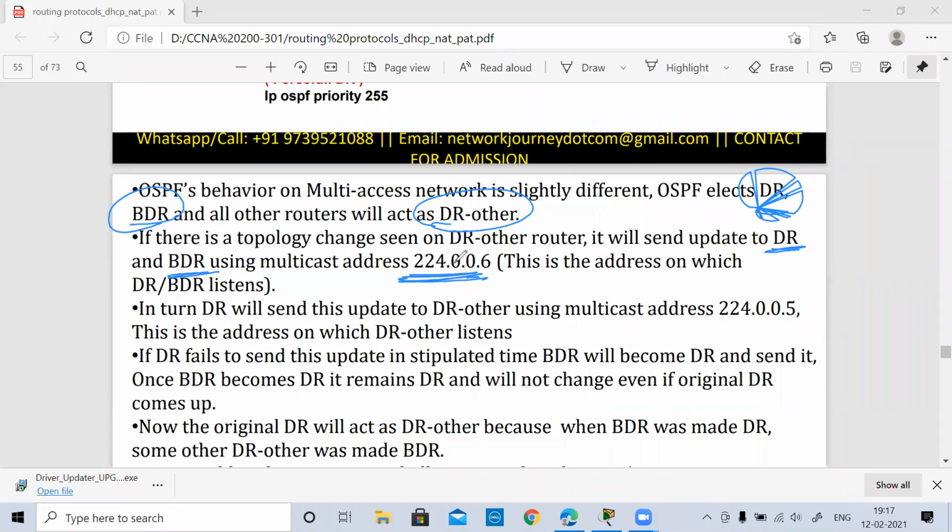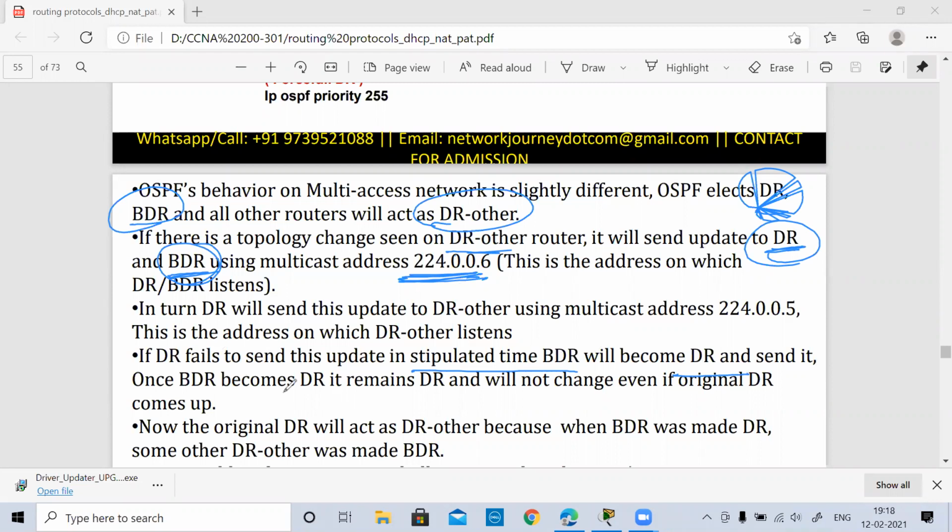If the DR fails to send this update in a stipulated time, the BDR has also received this particular update when this information was given by DR other. Since it is sending to both, if the DR fails to send this in a stipulated time, this BDR will now turn into a DR. So the BDR will now become the DR and send it.